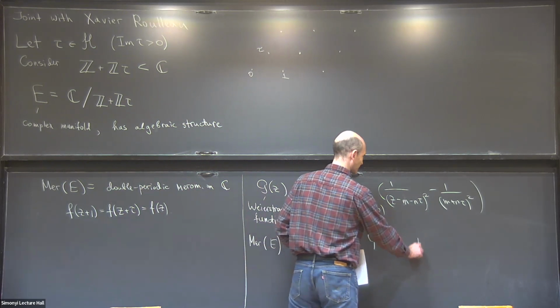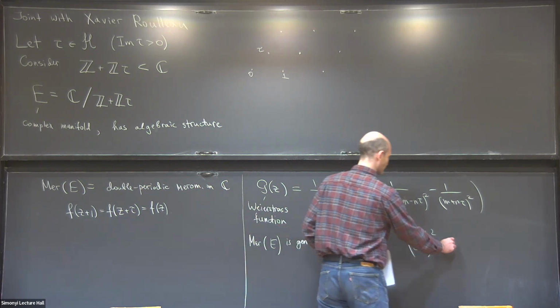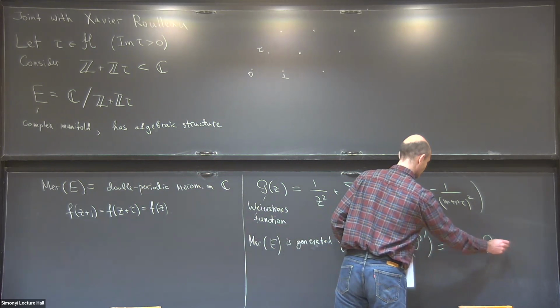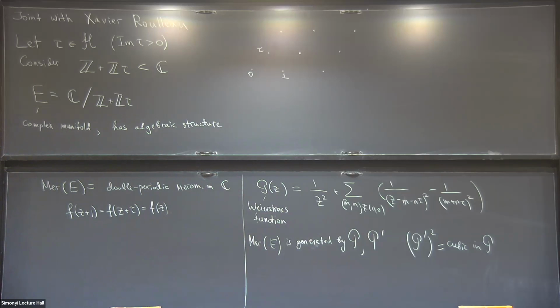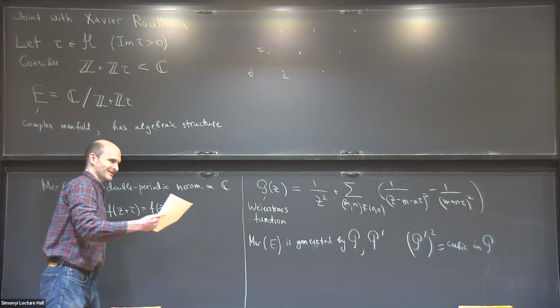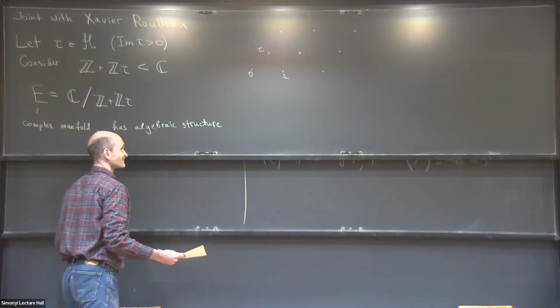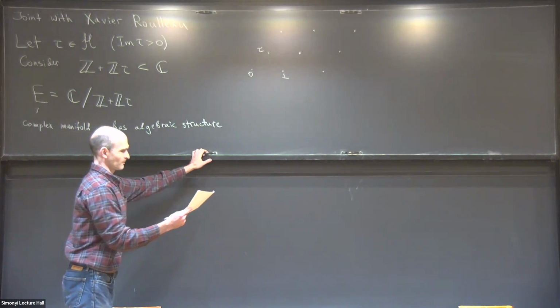And they satisfy a relation: the derivative squared equals some cubic polynomial in the Weierstrass function, with coefficients that depend on tau. Okay, this is just sort of a reminder. If you haven't seen it, well, it's your loss. It's really great stuff. But let's see. Okay.